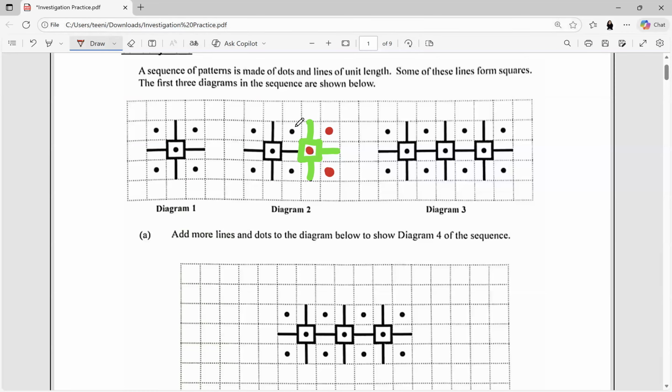Sorry. So the first diagram, you had 5 dots and you had 8 lines. Let me count: 1, 2, 3, 4, 5, 6, 7, 8. So you had 8 lines and 5 dots, right?